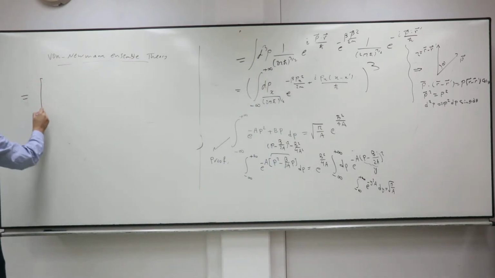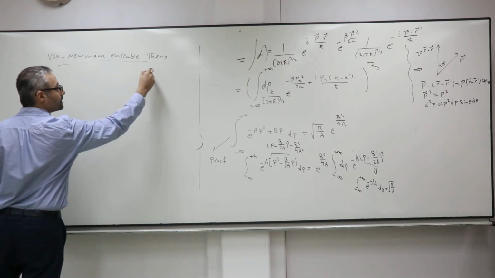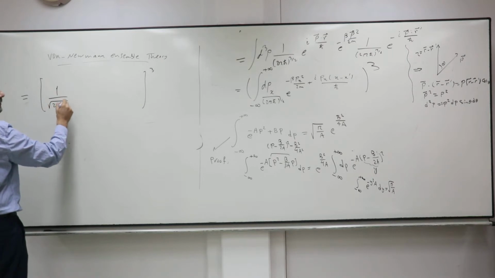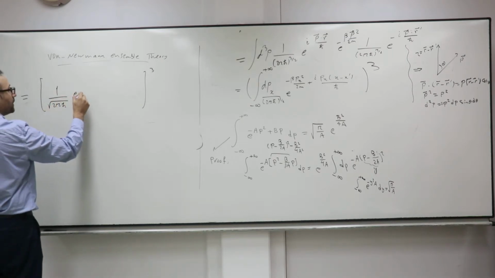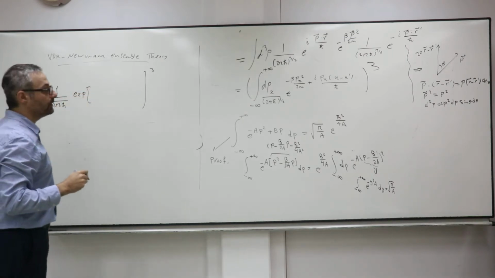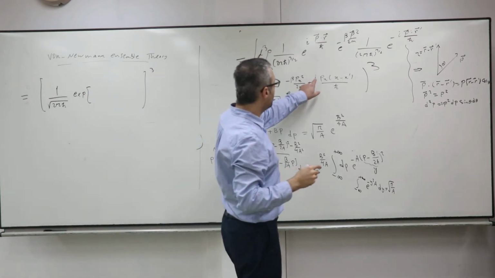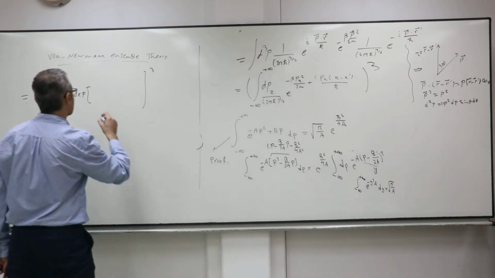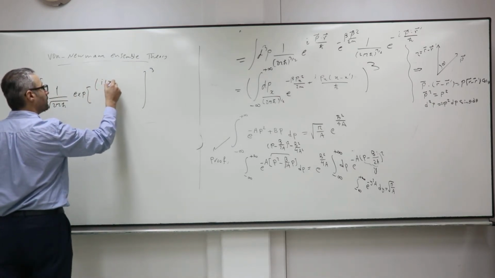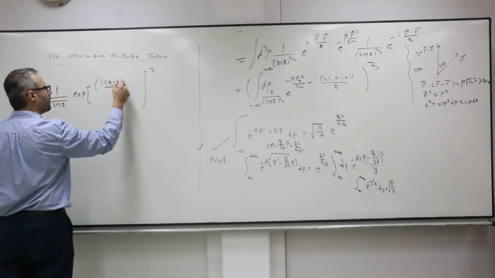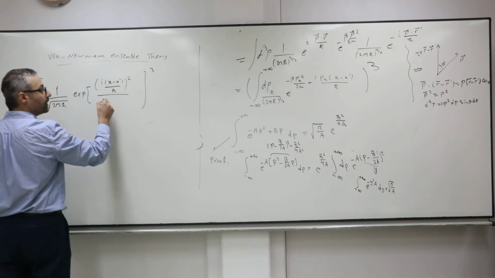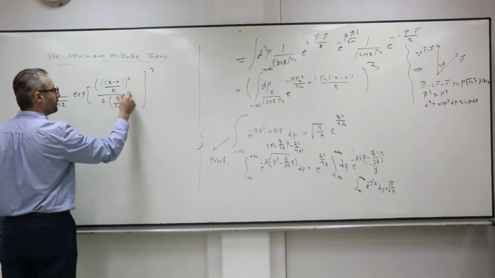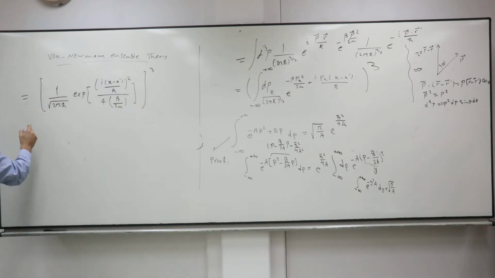Let me see what it will be. Radical 2 pi h bar, exponential of b squared. What is the b? B here is i times x minus x prime over h bar. B squared over 4a. What is the a? Beta over 2m.